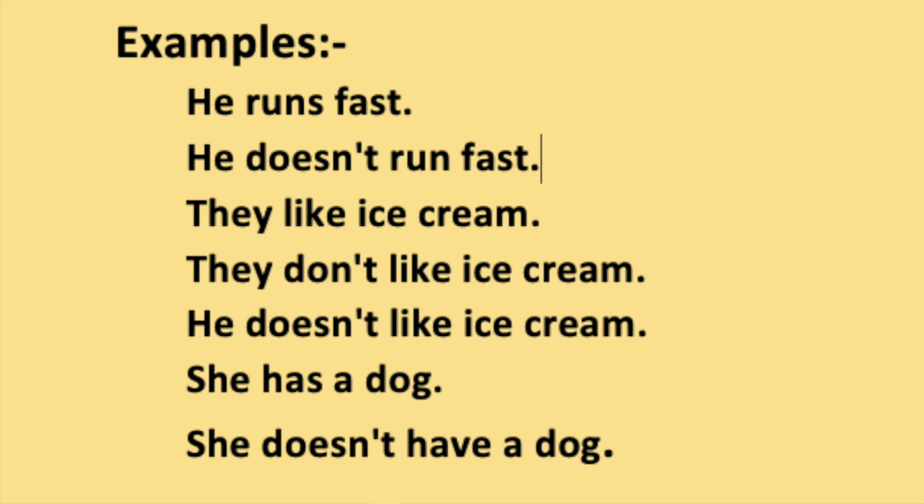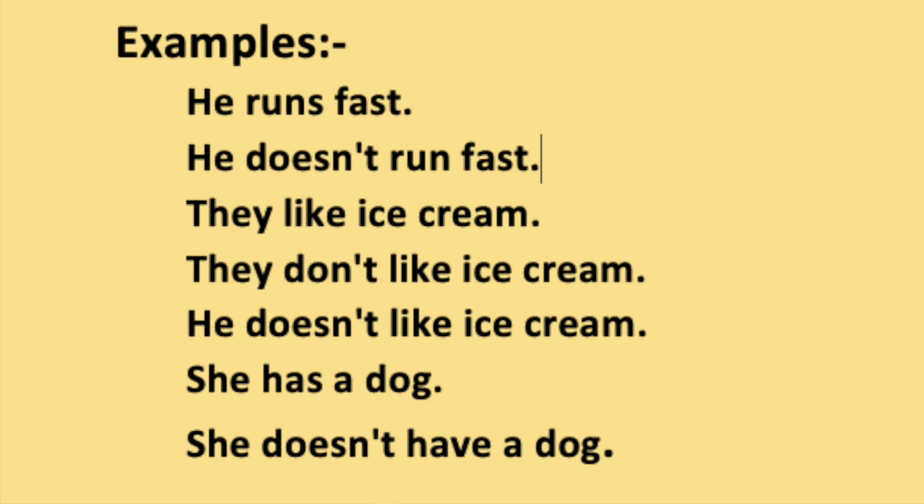So we should use here does. He does. Then not. He does not. Then first form of the verb. What is the verb of this sentence? Verb is runs. So we should use the root form of the verb. It is run. Don't add any s. He does not run fast.